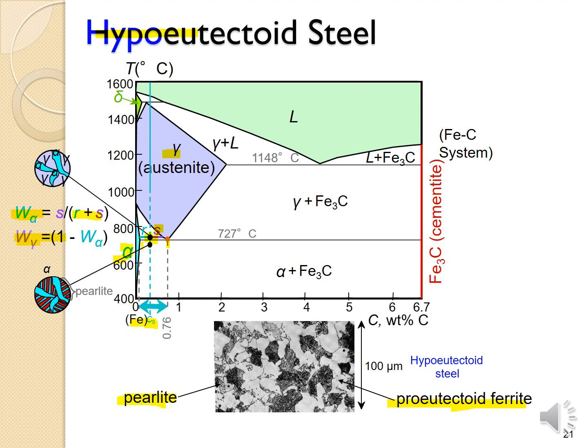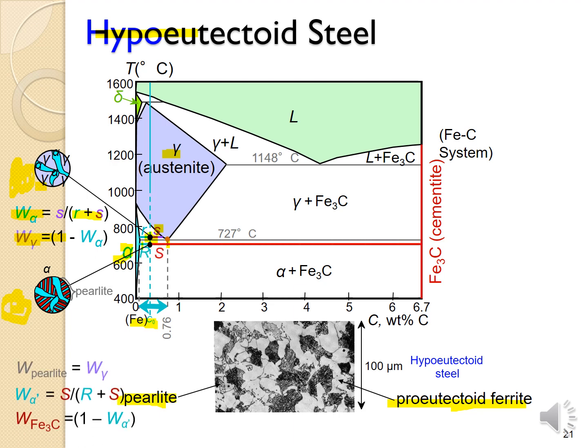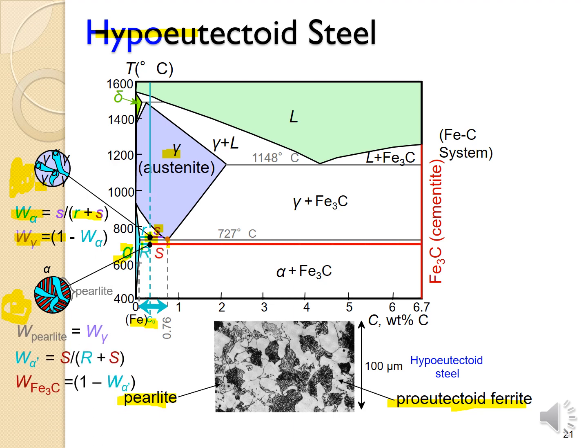But if you compare this microstructure on top and the microstructure below, we can see the pro-eutectoid ferrite doesn't change at all, and all the austenite was replaced by pearlite. So that means the weight percentage of pearlite now is the same as the weight percentage of the austenite we calculated above.